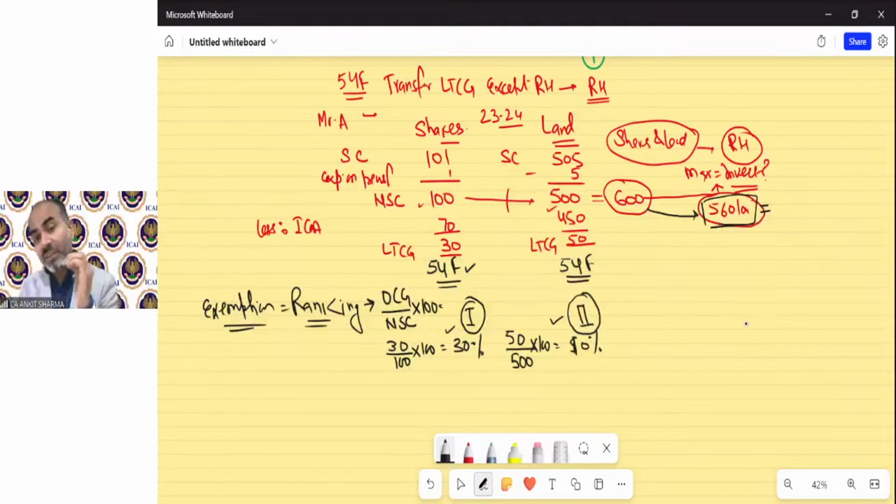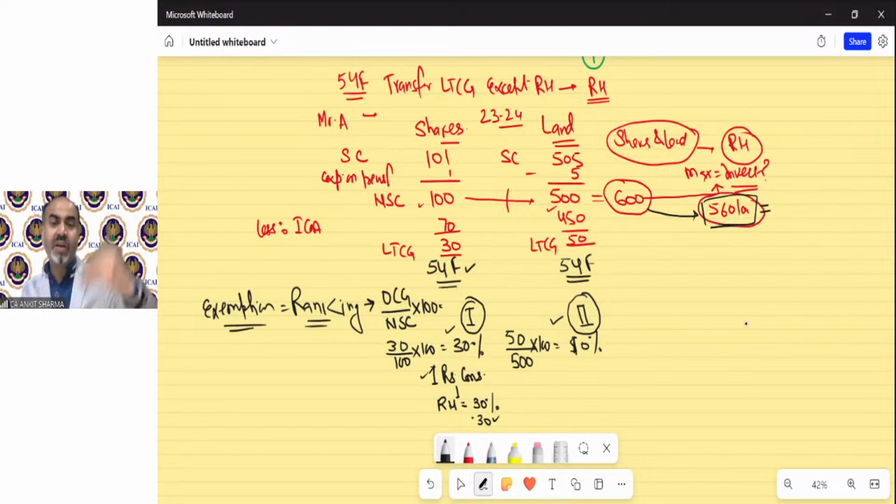What this percentage denotes, what this percentage explains, kindly listen carefully. This percentage says that 30% means if you invest 1 rupee consideration from shares to residential house, you will get 30% of this 1 rupee exemption. That means we can say 30 paisa will be exempt out of 1 rupee.